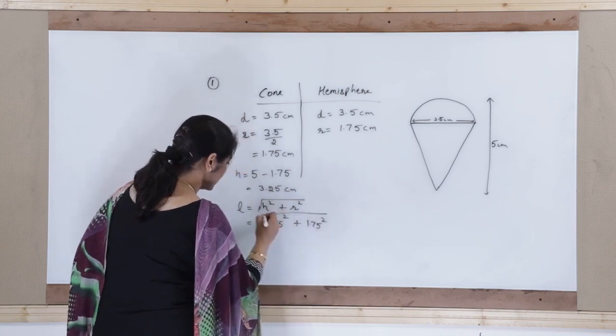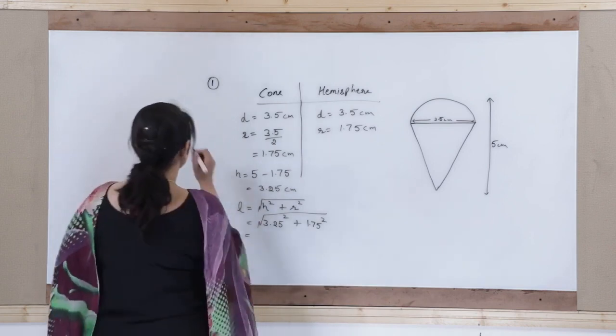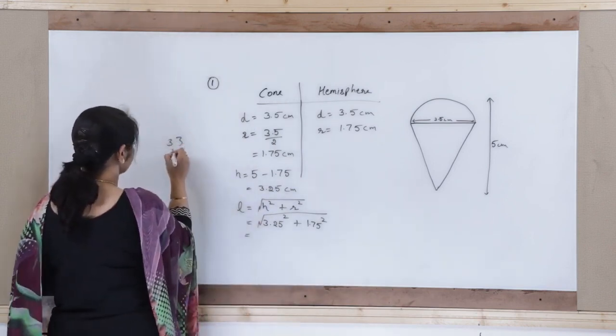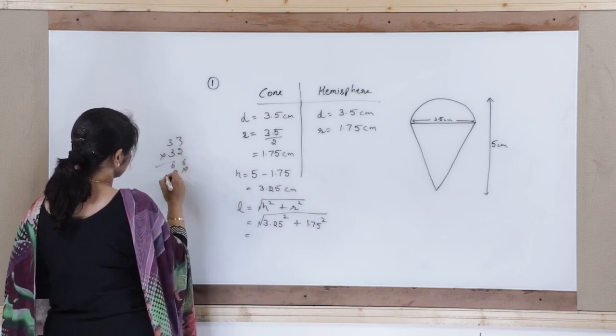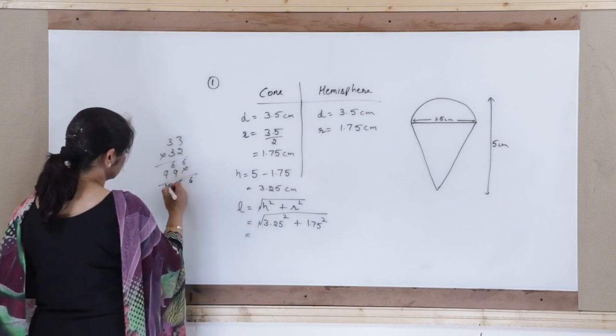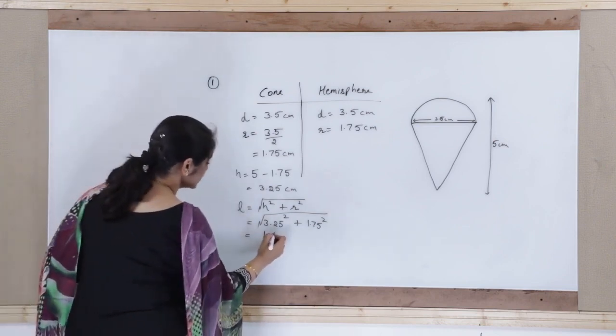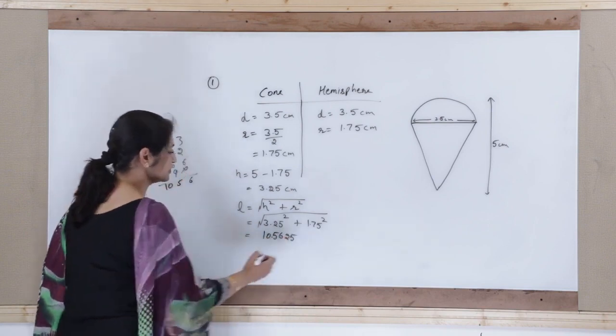Its square and square the root. 3.25 squared will give us 105625, and here we will have the decimal.